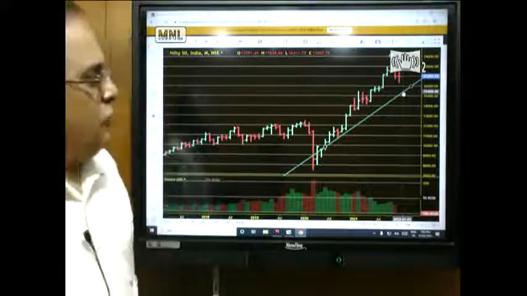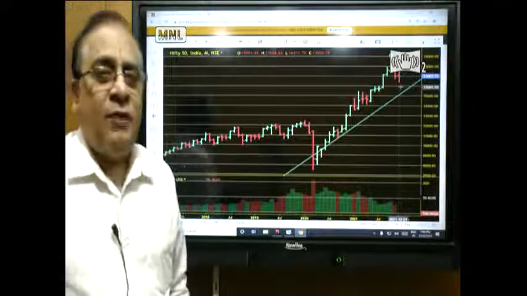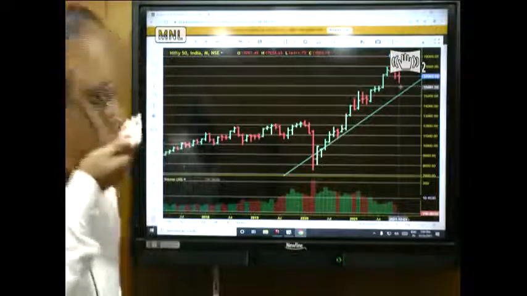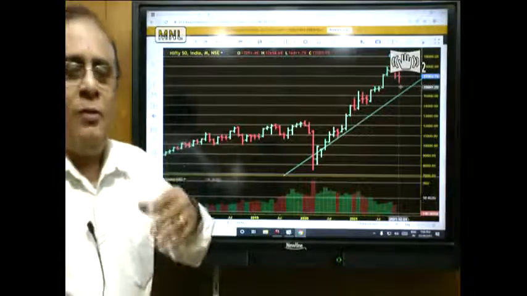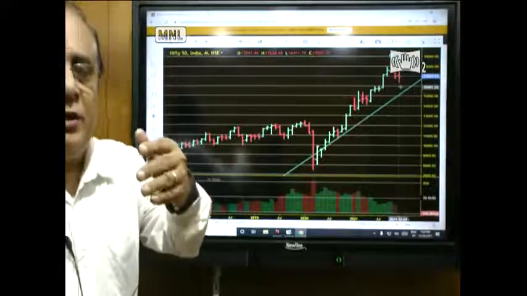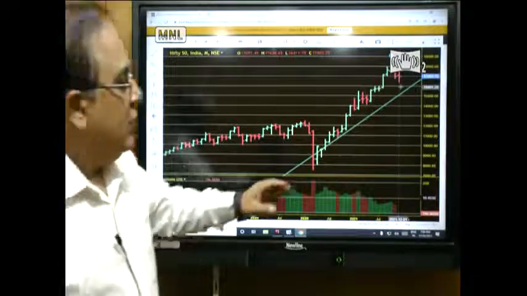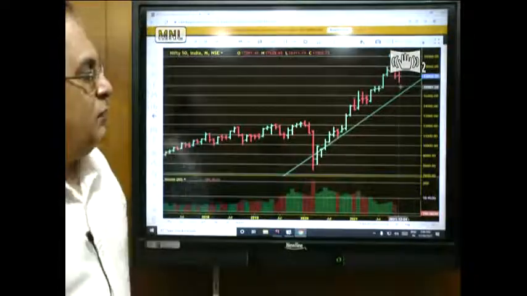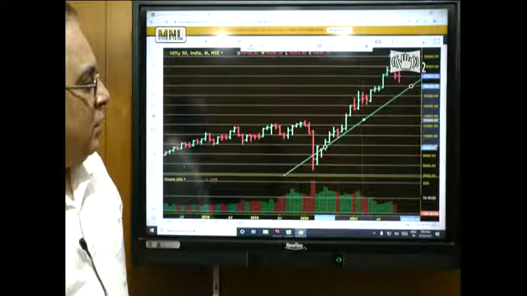So if this low is broken, there's a good chance that it could be 15,500. Any break of 16,400, of course there is some interim support based on the Fibonacci, coming to 16,600 or 16,000 or so, but based on the trend line, it looks as if 15,400 is a possibility, or we can even place it above this top. Let's take.